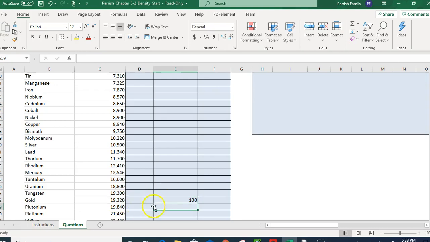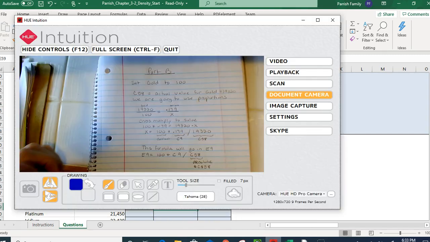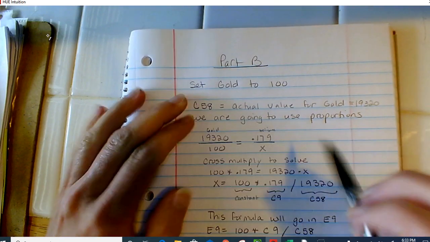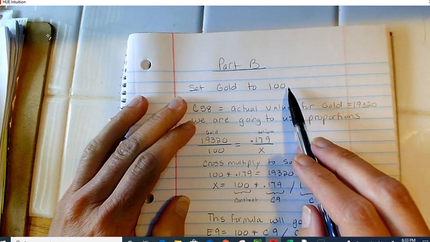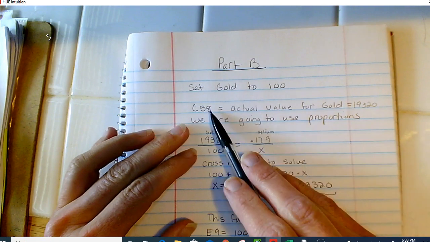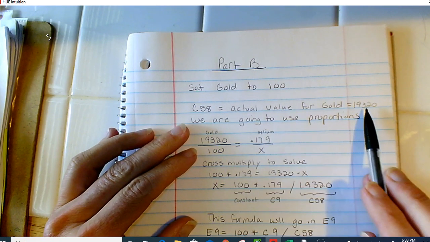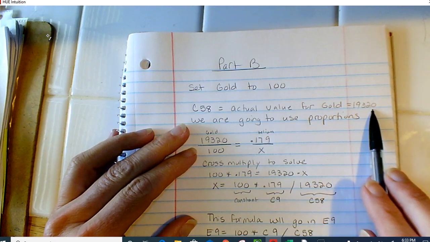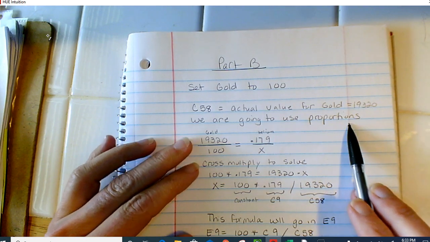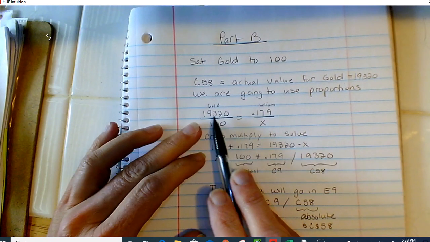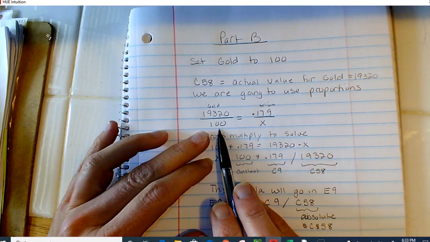So the way that we're going to do this is we're going to set up proportions. We want to set gold to 100. So currently gold is located in C58, and the actual value for gold is 19,320. So we want to use proportions this time. 19,320, we want it to be proportioned to 100.